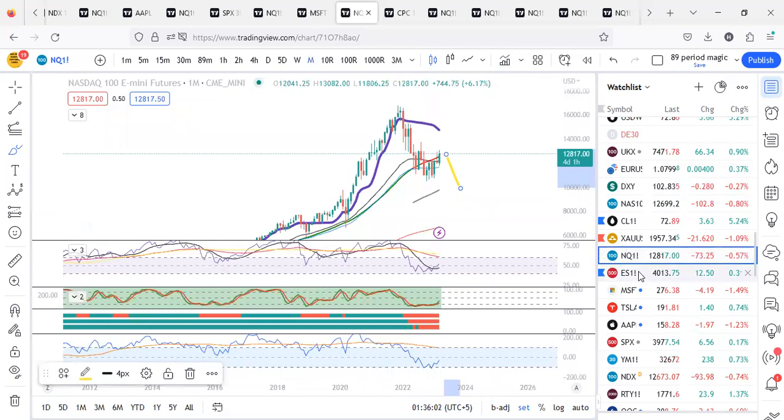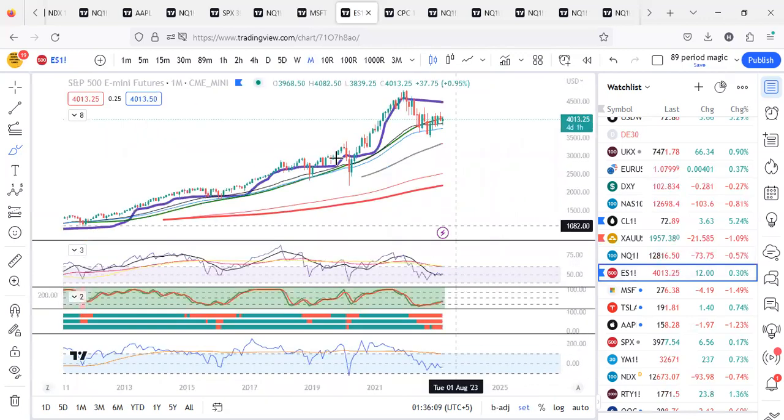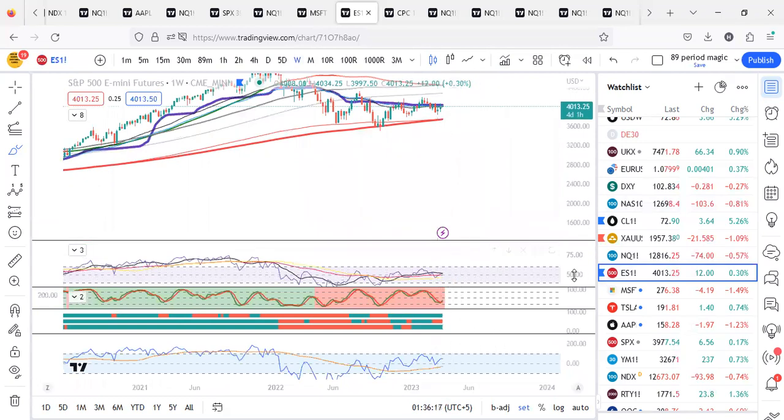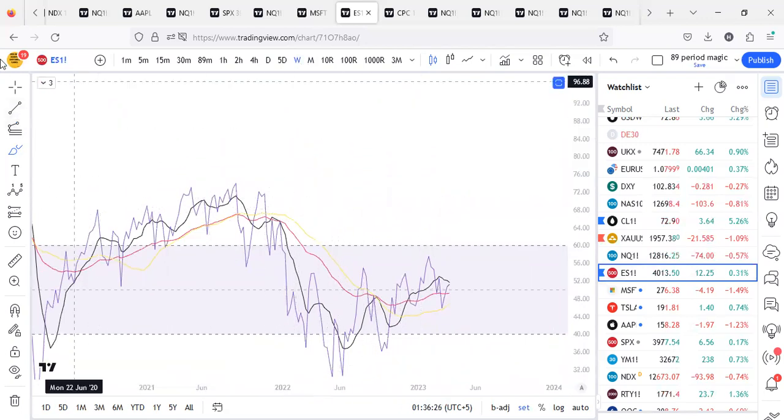But also let's look at the S&P 500. S&P 500 also, in the weekly, the cycle analysis of RSI. What does it show? That's one moment.